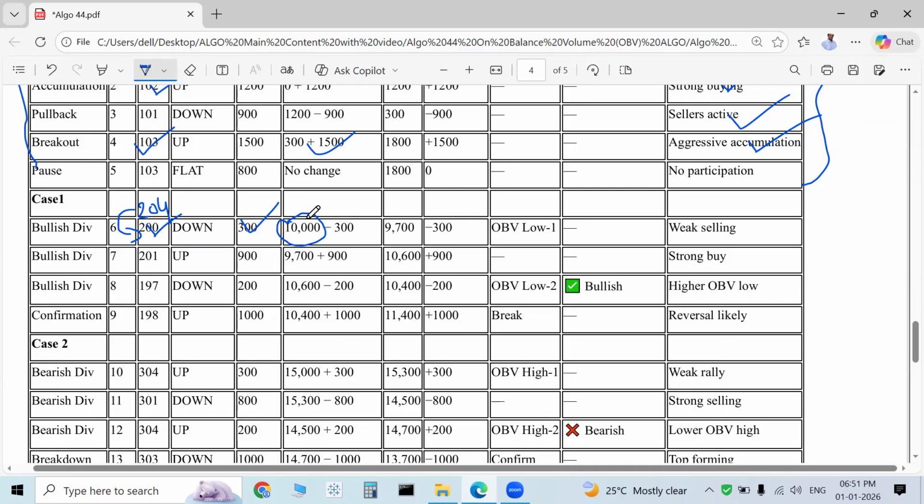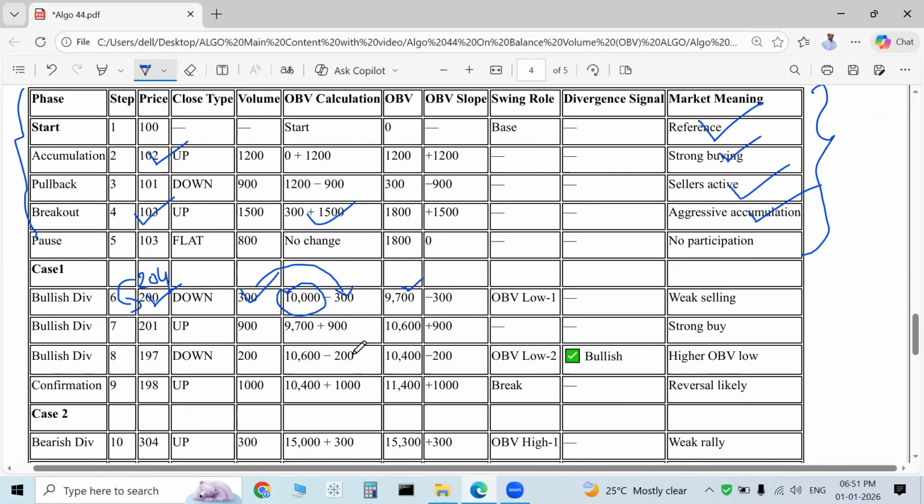So 10,000 minus this 300 is 9,700, and the OBV slope is negative. Why is the slope negative? Because we're subtracting, so the slope is negative. So the price is falling, but there is weak selling happening.